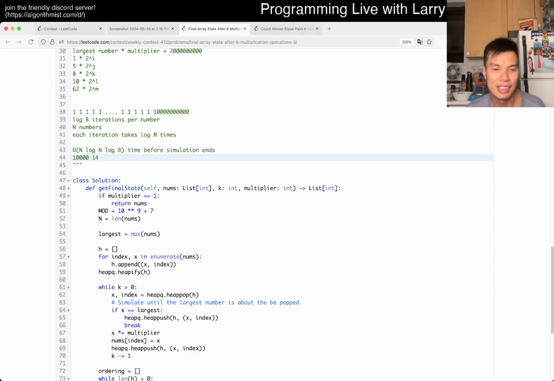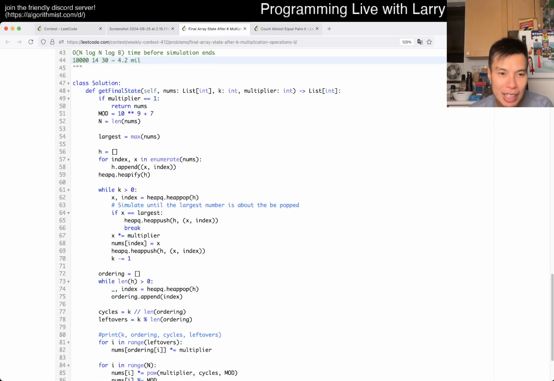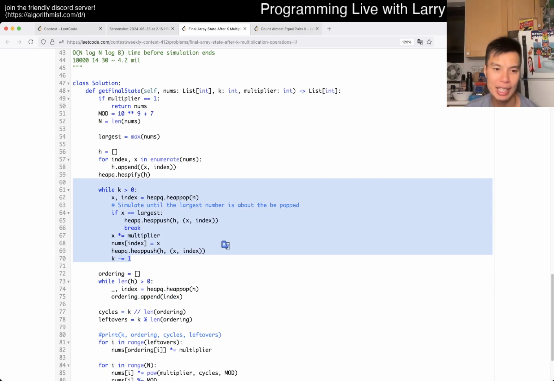And then b is a billion, so log b is 30, as we said. If you multiply them all together, as I plugged into a calculator, it's about 4 million. So that's going to be Gucci, and most cases are probably much faster anyway. So that's basically why this is fast enough.